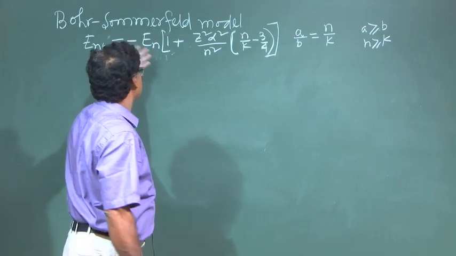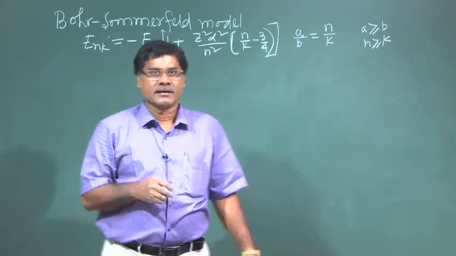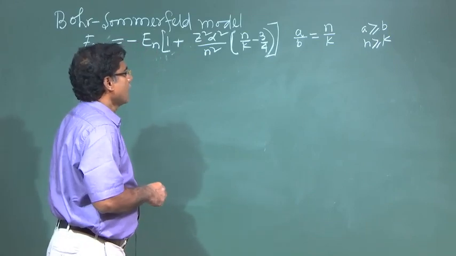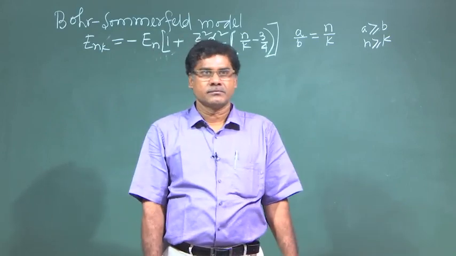So, we have seen in the last class that considering relativity, the energy level now depends on n and k.